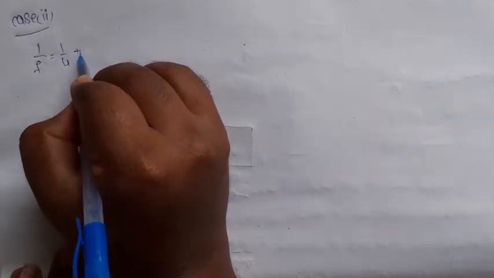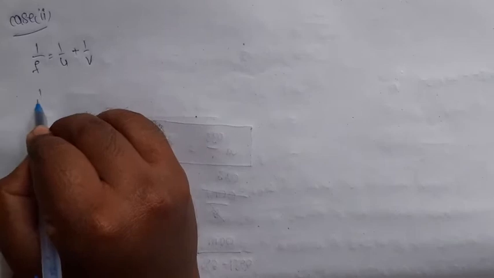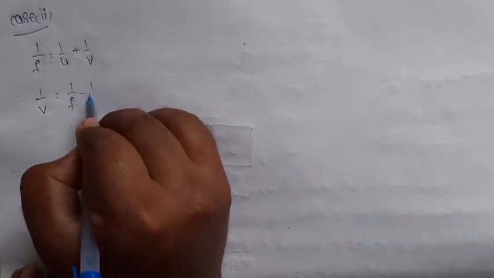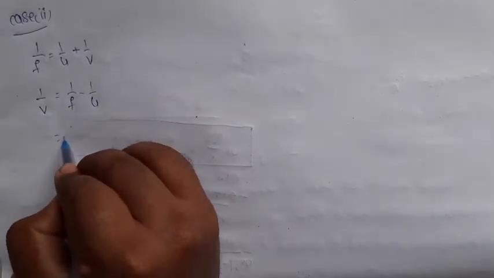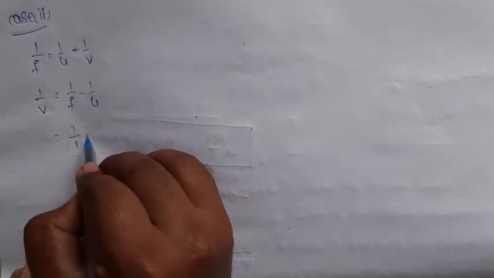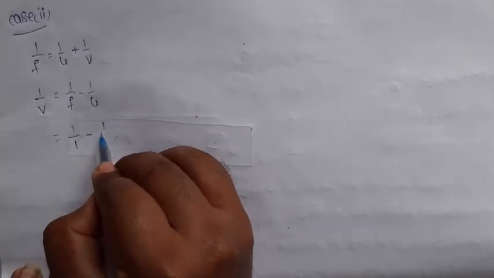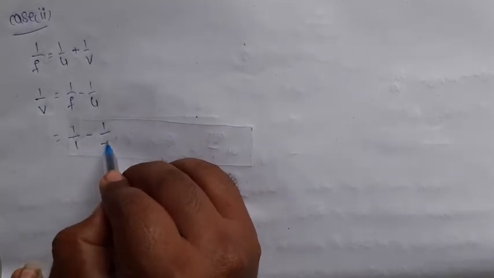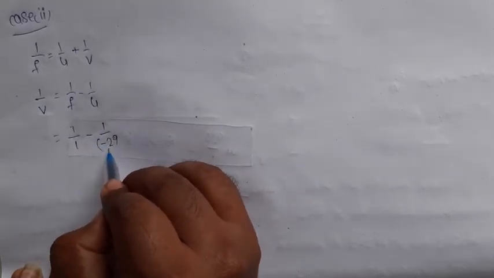Case 2, okay, find the v and v naught values. According to mirror's formula, 1 by f equal to 1 by u plus 1 by v. We are going to find the 1 by v value, 1 by f minus 1 by u. 1 by f value 1 by 1 minus 1 by u value minus 29 meter.